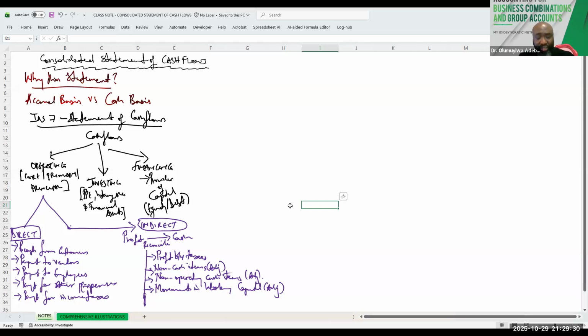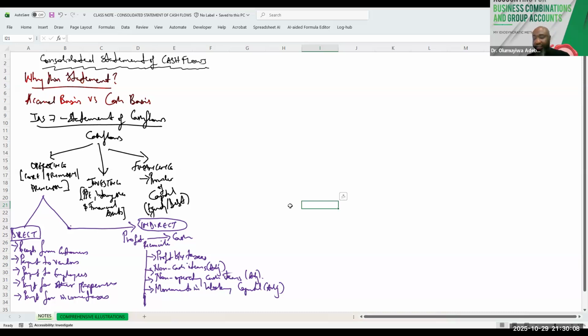Also, you will not adjust for movement in current tax payable or current tax assets, because within the operating activity, there's a separate section for the presentation of payment of income taxes. And therefore, movement in current tax payable or current tax assets will equally not be adjusted for. And likewise, some other peculiar movements that may not necessarily be considered as an adjustment for operating activity purpose.